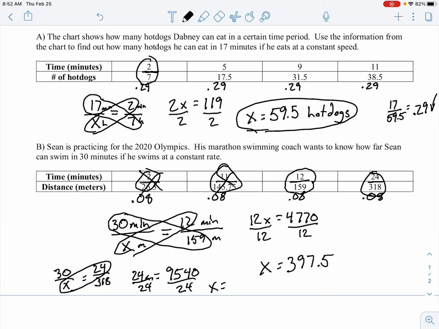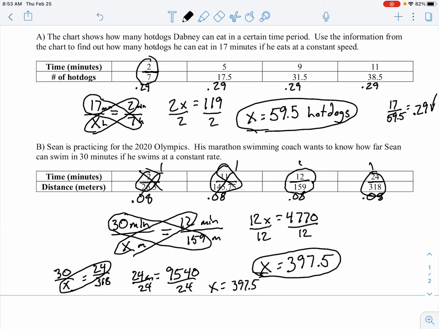What do we think we're going to get here? Well, because of these equivalent ratios, remember, we should get the exact same thing. So let's test it out. Divided by 24, and sure enough, we get 397.5. So that's just showing us that we can literally choose any ratio we want from up here in order to help us solve this.